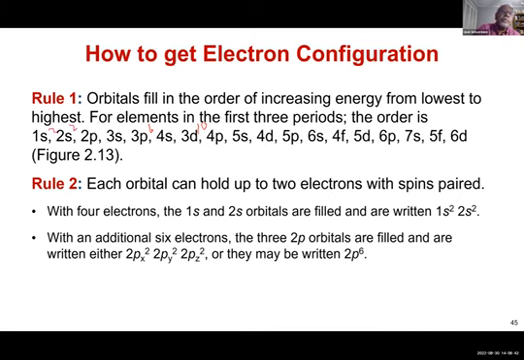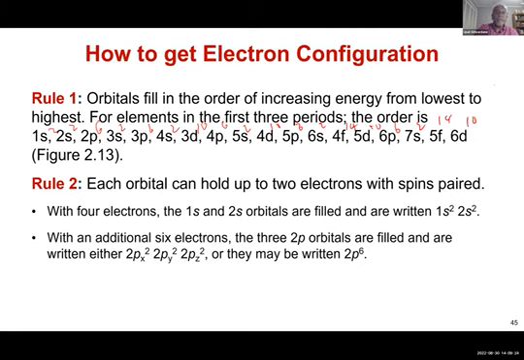P is 6, S is 2, D is 10, F is 14. There are 7 wave shapes for F electrons. So that's the maximum number of electrons you can have.